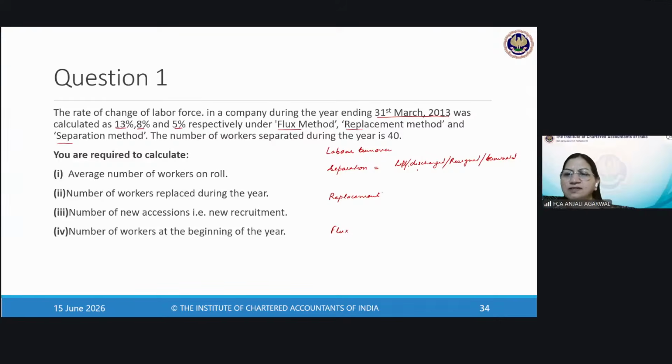So whatever reason the employee has left the organization, divide by the average number of employees in that period. Average means opening plus closing divided by 2.